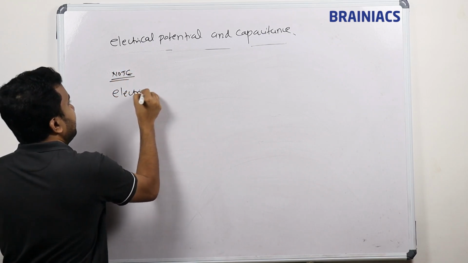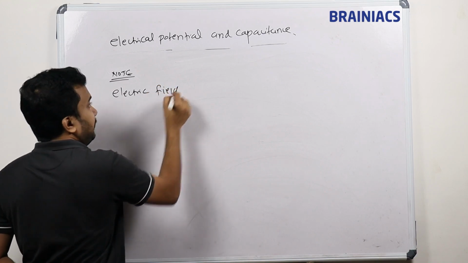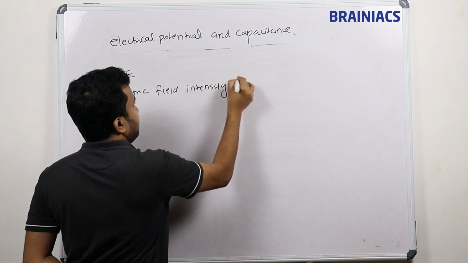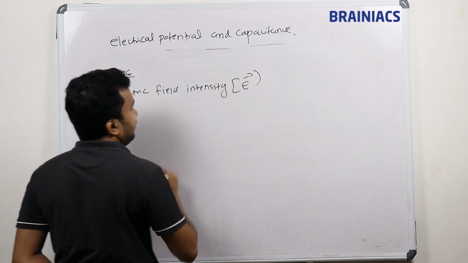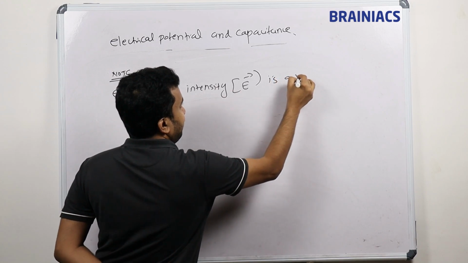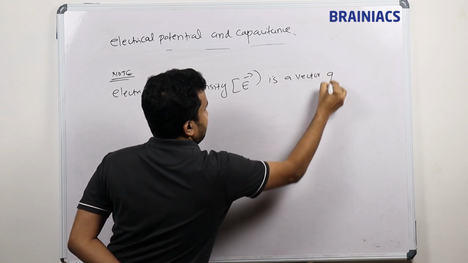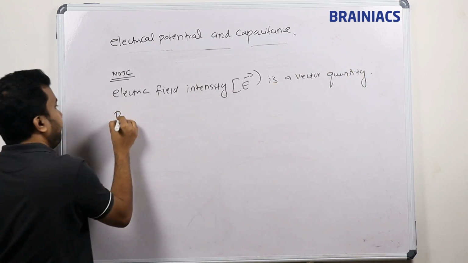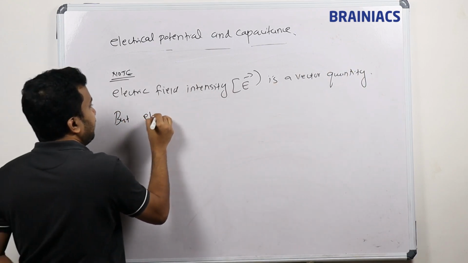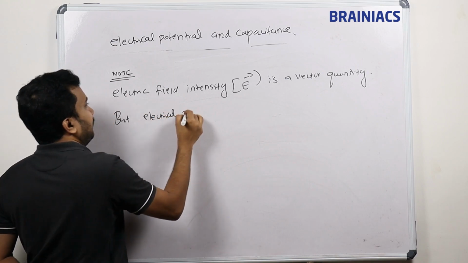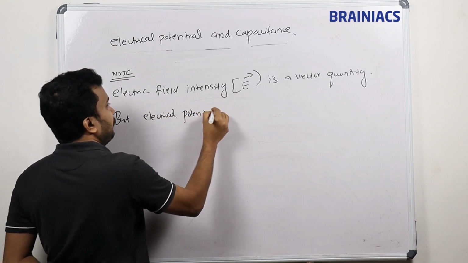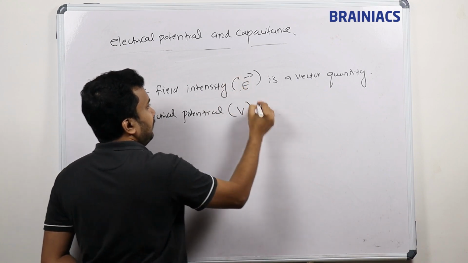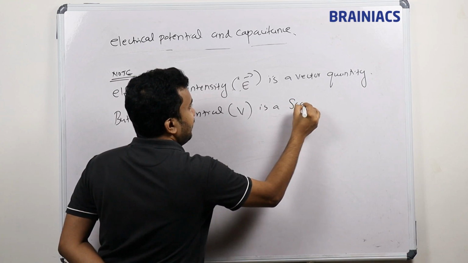Electric field intensity, vector E, is a vector quantity, but electrical potential is a scalar quantity. This point is very important. Electric field is a vector, and electrical potential is a scalar.